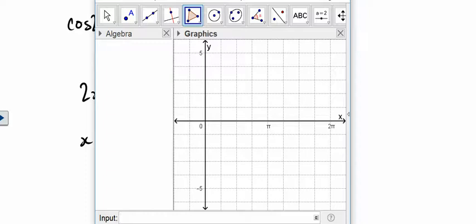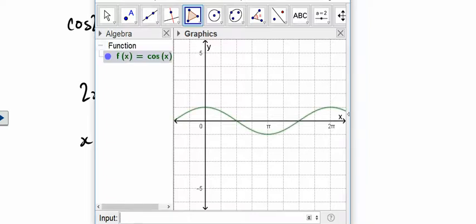So I'm going to start by graphing just cos of x. Okay? And I'm going to ask, when is that equal to, so I'm going to do y equals square root of 3 divided by 2.